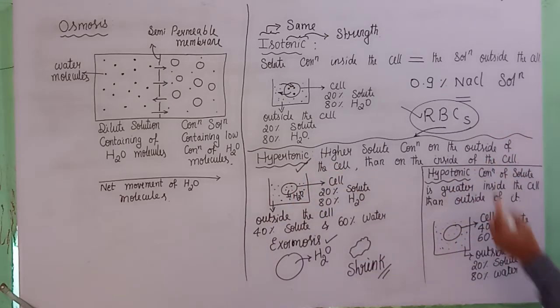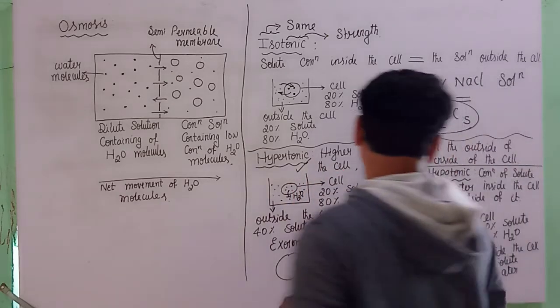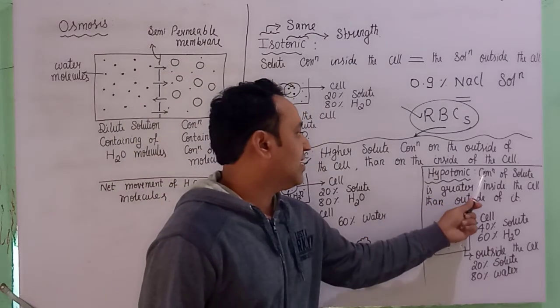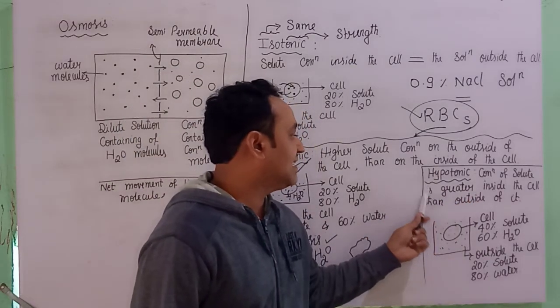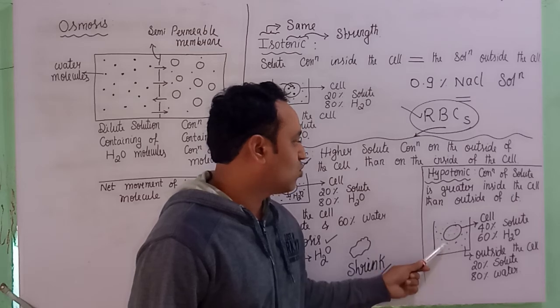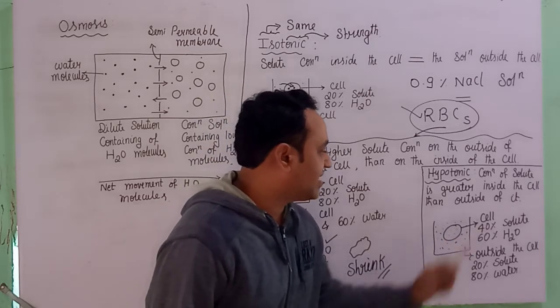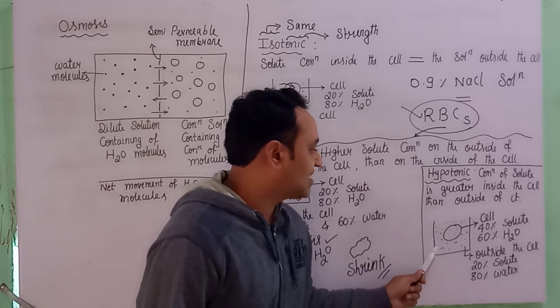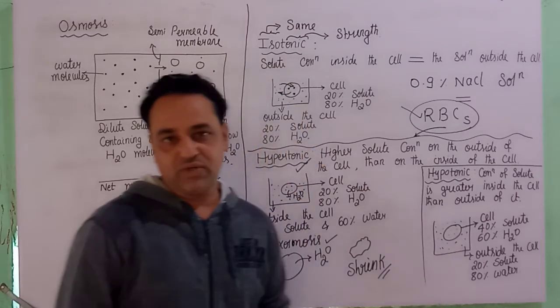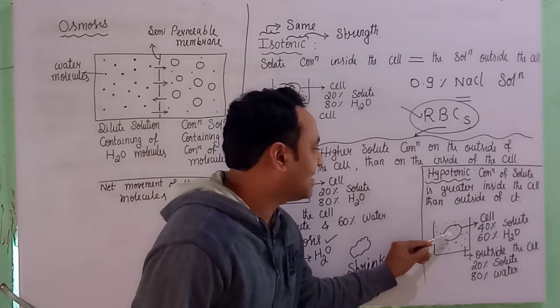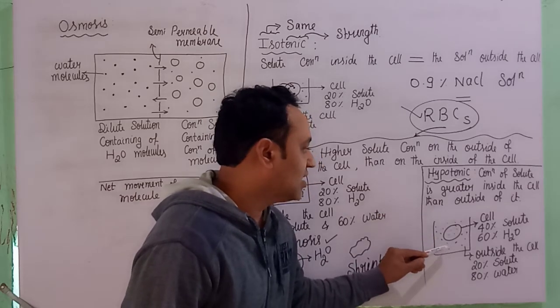Now hypotonic solution. Hypo means less, which means the concentration of solute is greater inside the cell than outside of it. As you can see here, the cell contains 40% of the solute, whereas the outside solution contains 20% of the solute. So the concentration of solute is greater inside the cell compared to the solution outside.